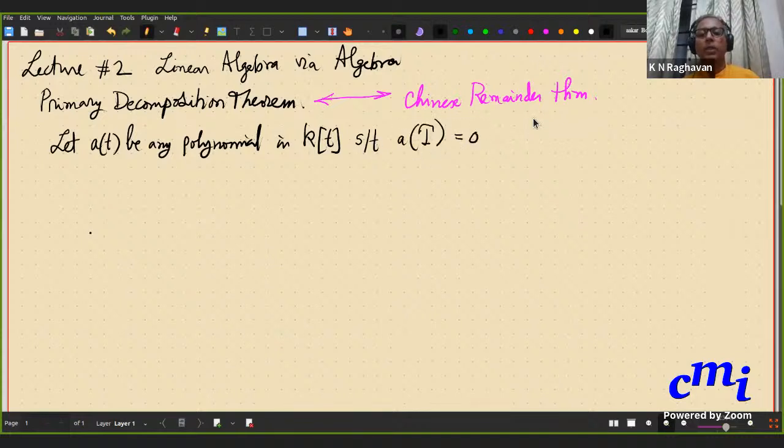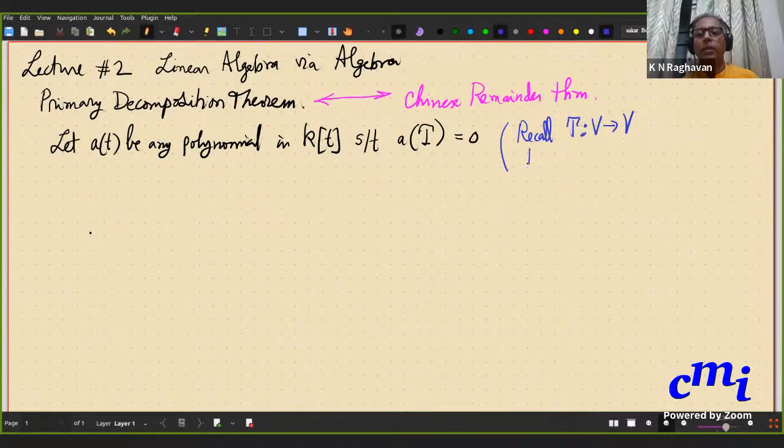Recall T from V to V is a K-linear transformation, K is a field, fixed, and V is a finite dimensional K vector space, fixed.